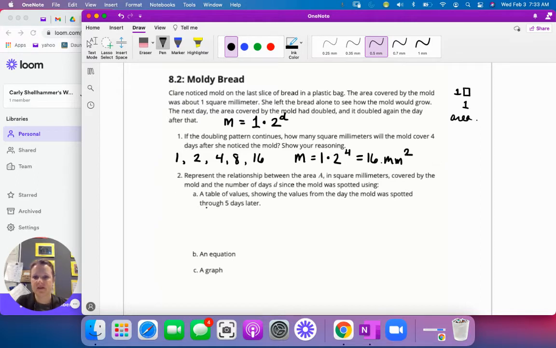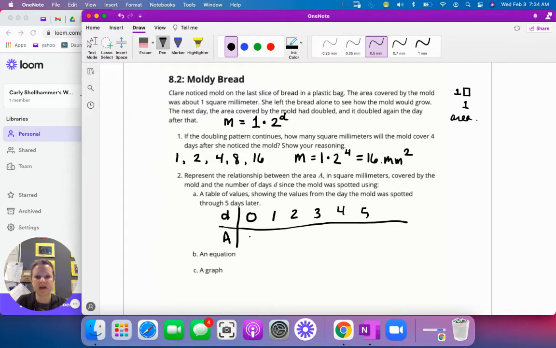Okay? So represent the relationship between the area A in square millimeters covered by the mold and the number of days D since the mold was spotted, using a table of values showing the values from the day the mold was spotted through 5 days later, which I just kind of did, but that's okay. So we have days D and we use A. And I see you guys doing this on your homework, but remember the first value we put in there is day 0, which is the initial amount.